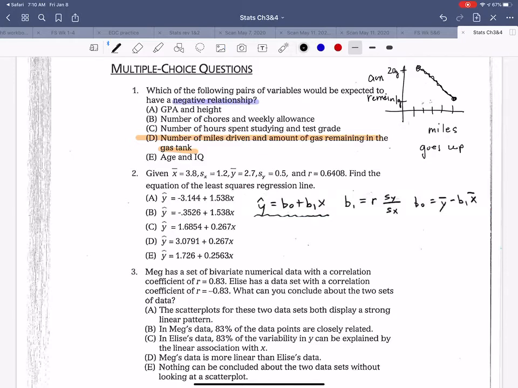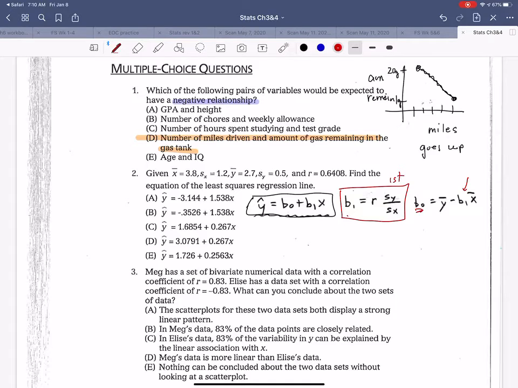Sorry, there's the bell. So let's see. These are my choices, and I'm going to plug in each one of these. In order to get B naught, I need B1, so I've got to do this one first.